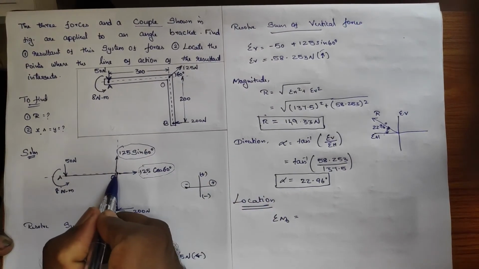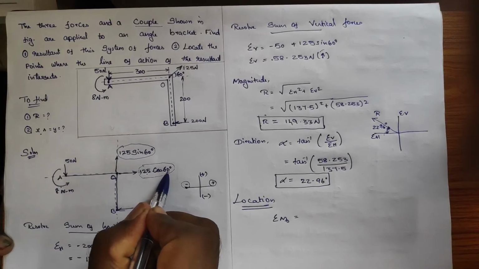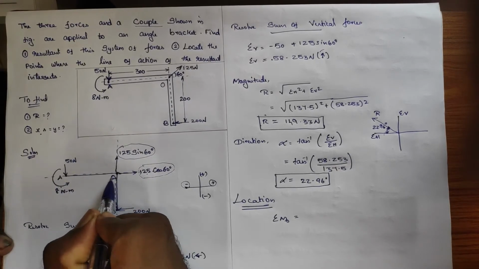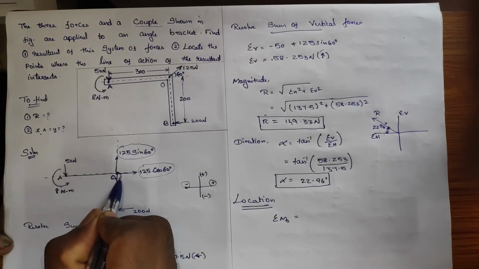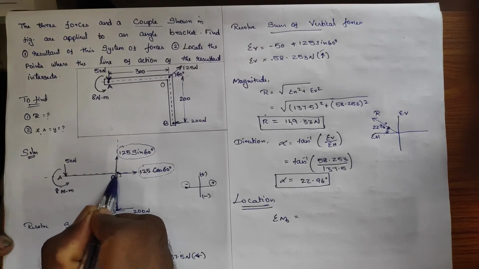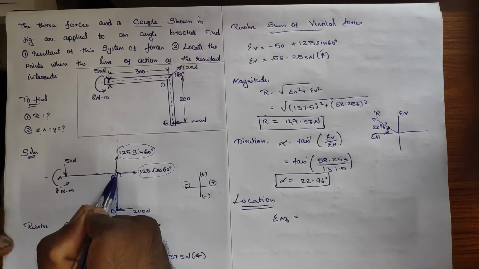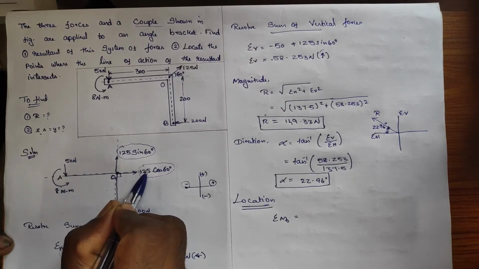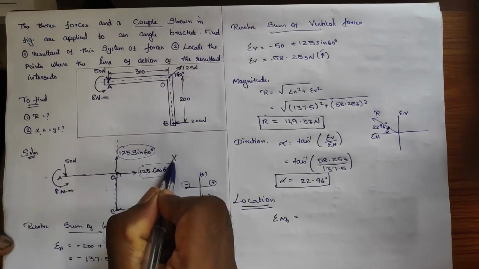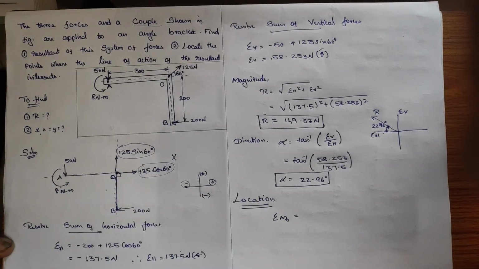Why? Because 125 cos 60 degree, we are taking about O, does it have a perpendicular distance? No, it is just taking from the point O. Am I right? So definitely there is no perpendicular distance, so it will be 0. It won't take part in the moment.